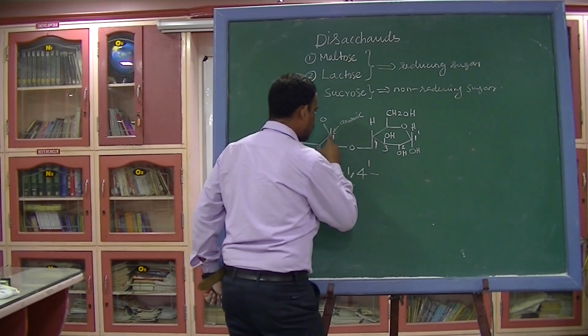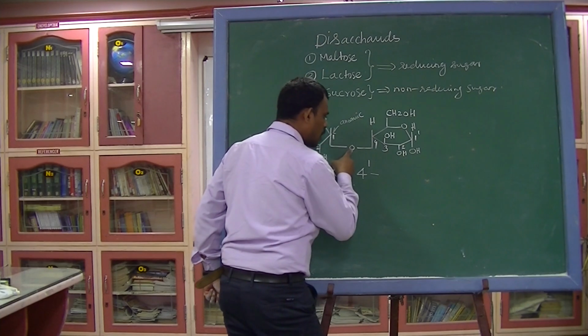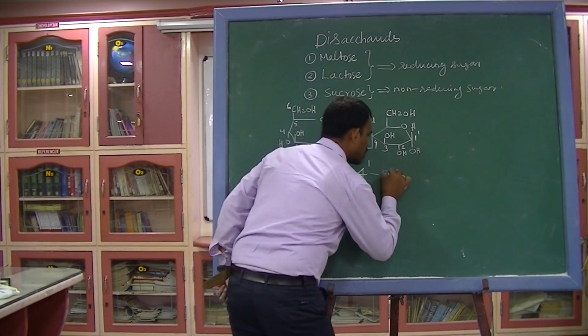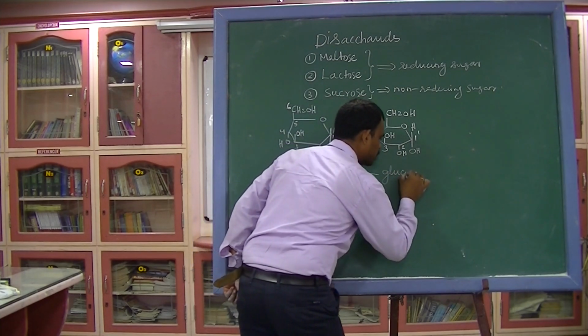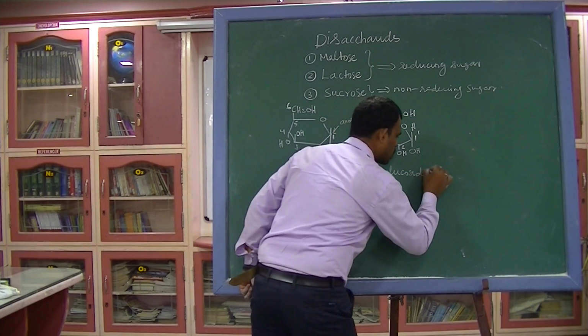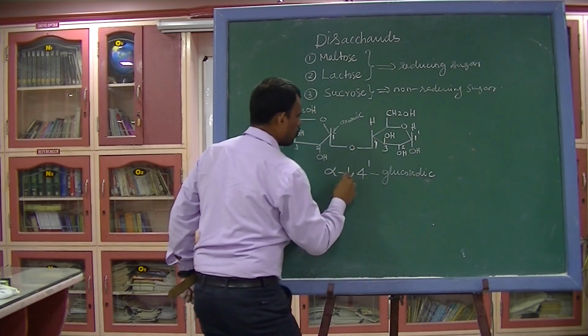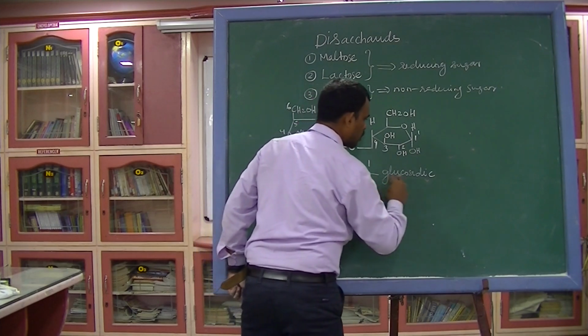The bond between the anomeric carbon and the oxygen is nothing but the glycosidic link. So alpha 1,4 prime glycosidic link.